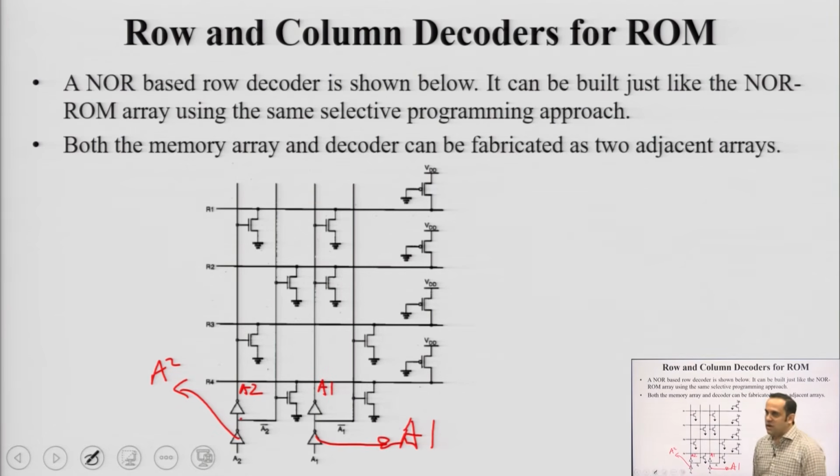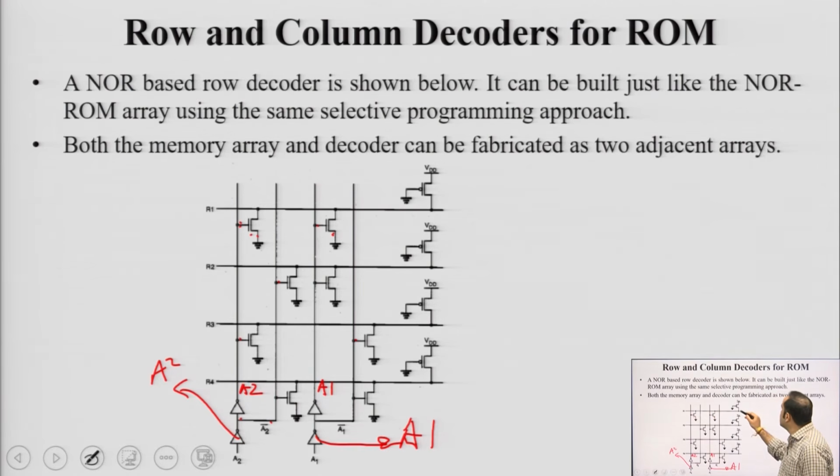Now, suppose A1 A2 are both 0. So, this is off and this is off, but then A2 bar is 1. When A2 bar is 1, this is on, and when A1 bar is 1, this is on. So, in that case, because A1 and A2 are 0, this NMOS is off, this NMOS is off.